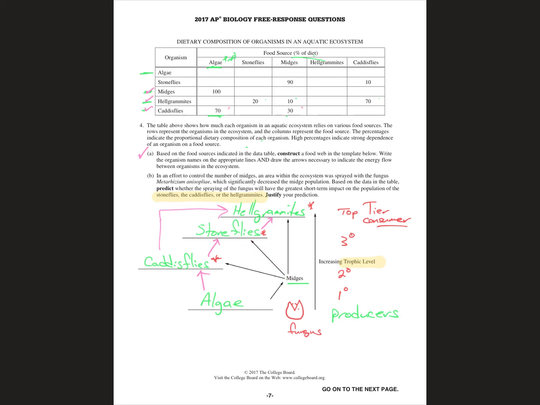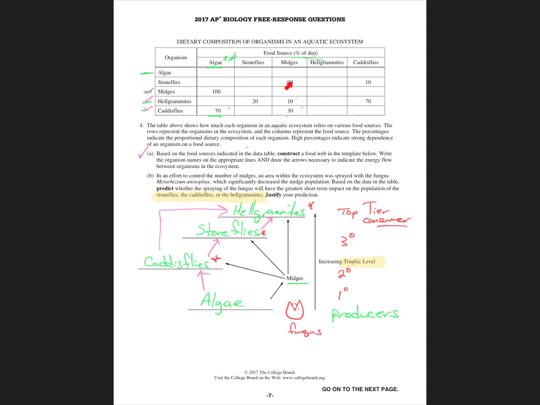And if you look at the numbers, 90% of the stoneflies' diet is midges. Only 10% is caddisflies. And look at caddisflies, 70% of their diet is algae. Only 30% is midges. And helgrammites, 70% of their diet is caddisflies, and another 20% is stoneflies. Only 10% are midges.